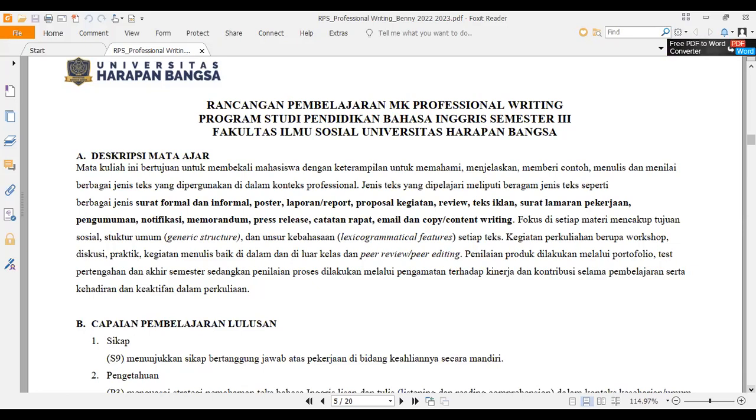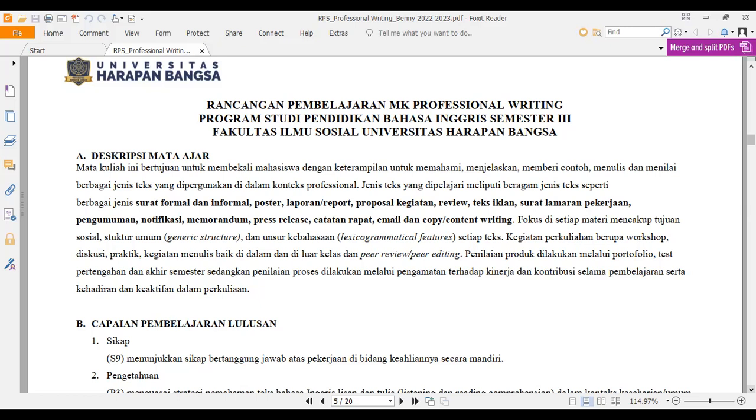During this course, we're going to have a workshop, discussion, practices, and writing activities, both done in or outside the classroom. And of course, you're going to conduct a peer review or peer editing for kinds of writing genres.